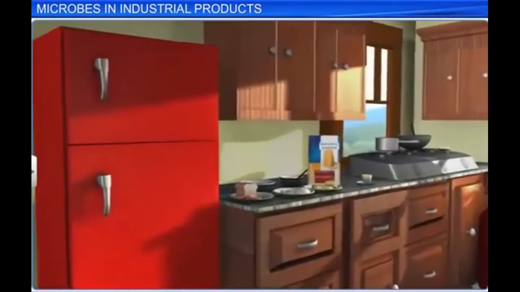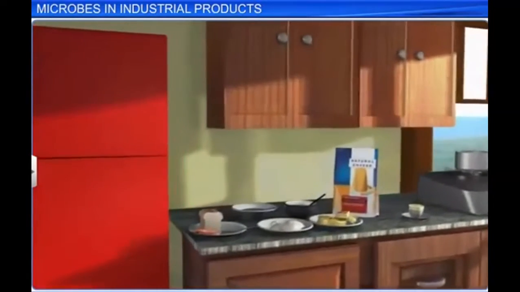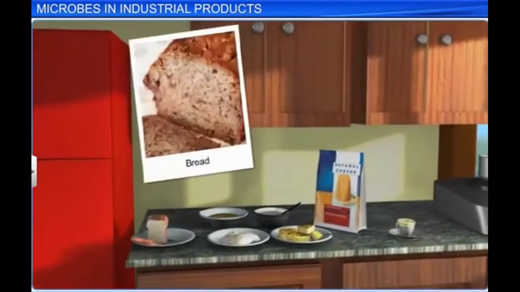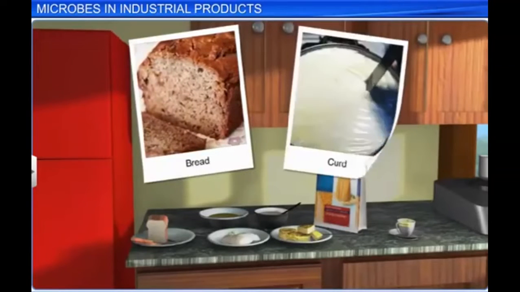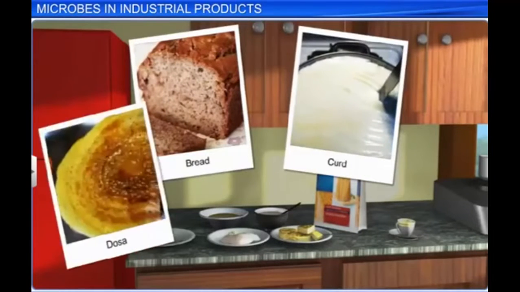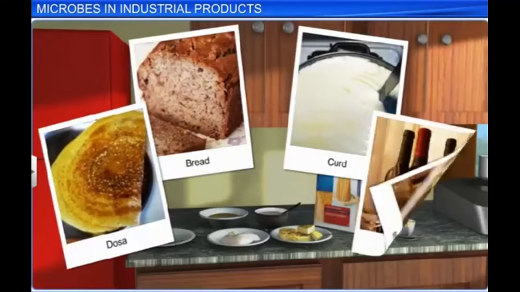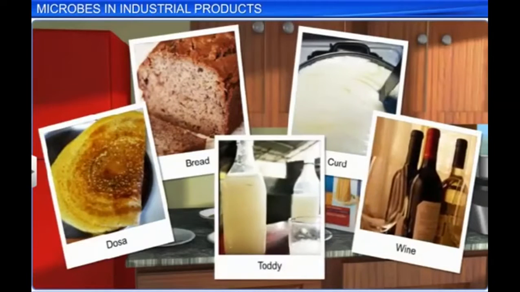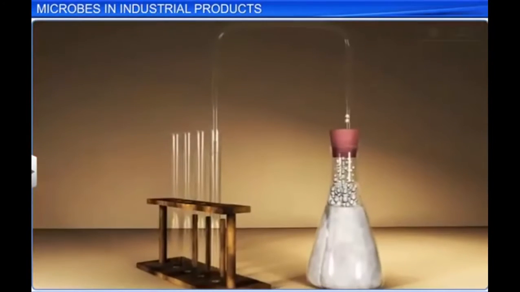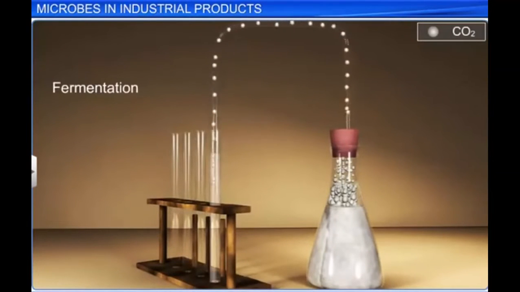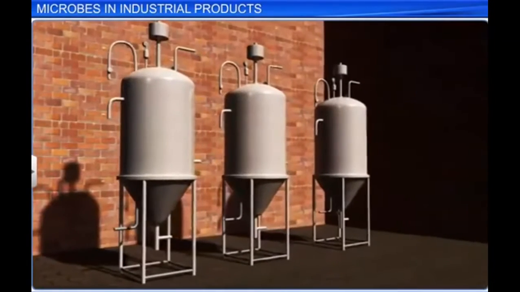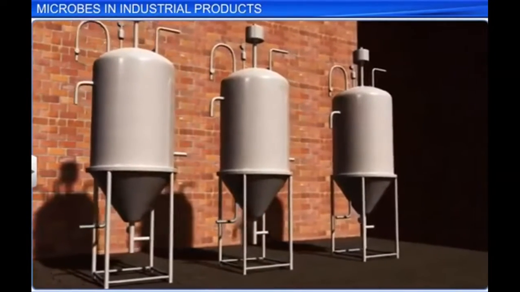Microbes have proved to be useful inside our kitchen by helping us prepare various food items such as bread, curd, dosa, wine, and toddy. Naturally, the same underlying principle of fermentation that is used to prepare these products is also applied on a large scale in various industries.